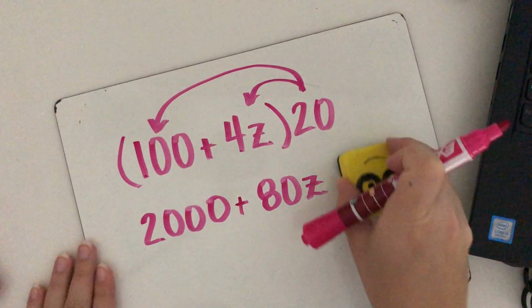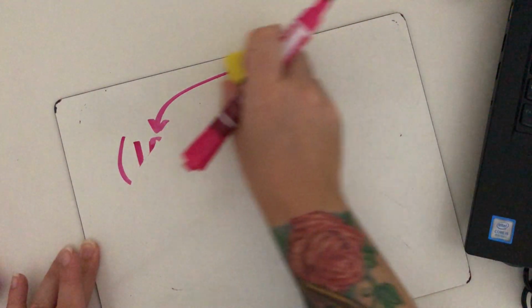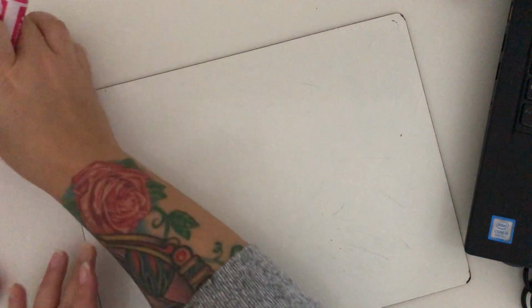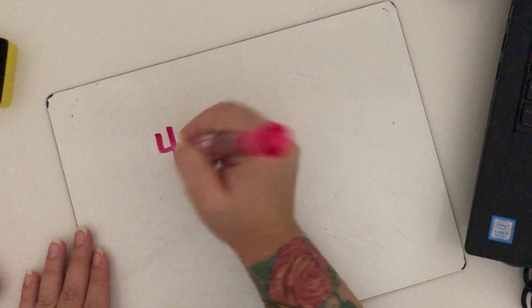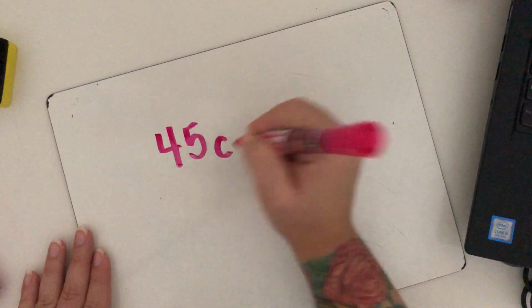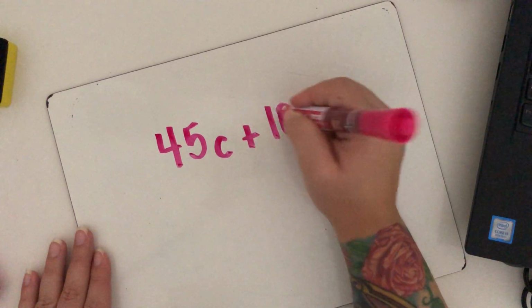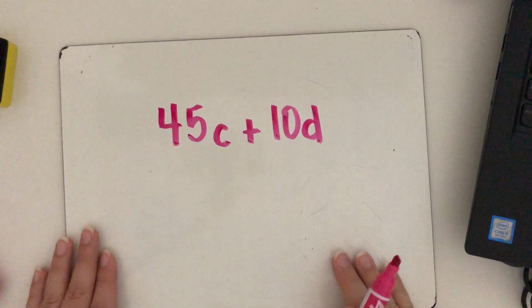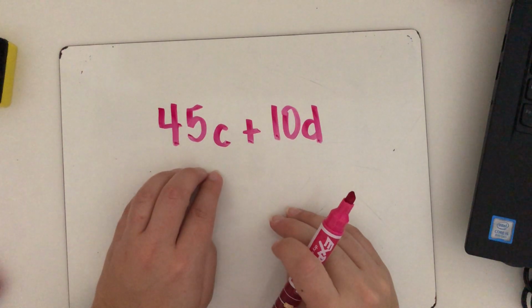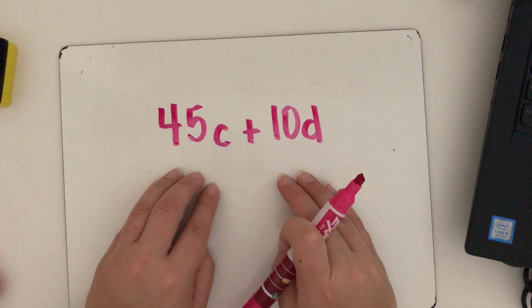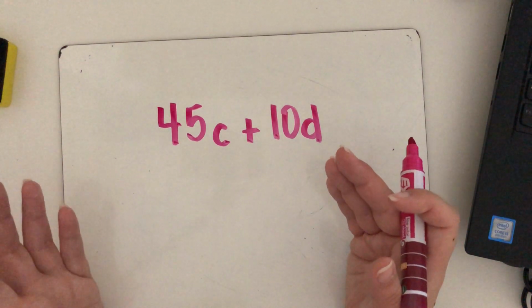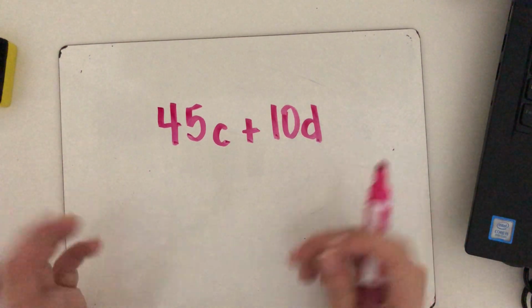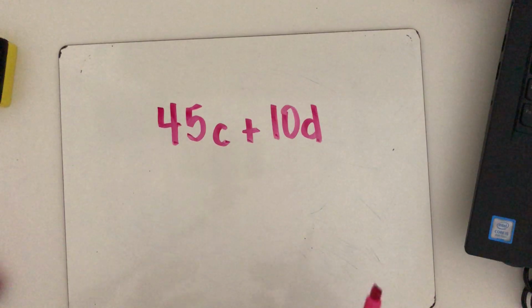Another part of your algebraic expressions deals with factoring the expressions. That means you're trying to figure out what they have in common and remove it from both items. If I look at 45C and 10D, I have to think, what do they have in common? If you said the number 5, you're right. That is the greatest number they have in common.